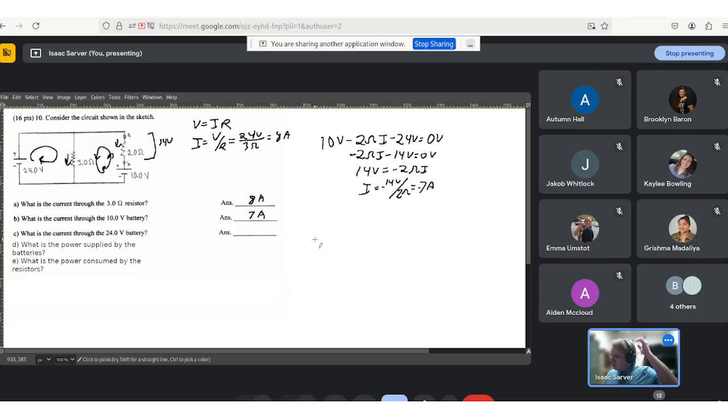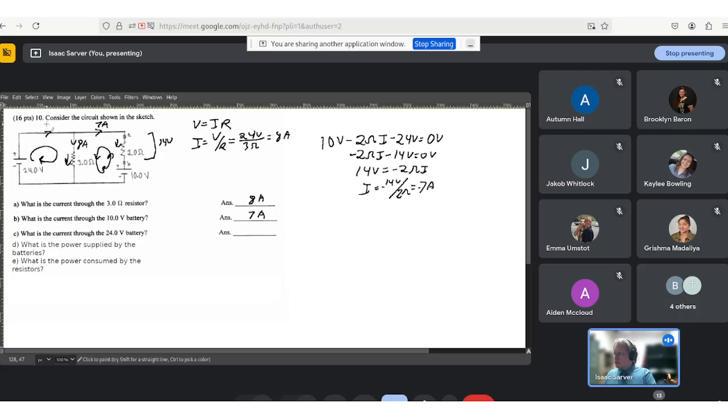And the current through the 24 volt battery: we have 7 amps going here and 8 amps going here. So that means we have this much current going that way. 8 plus 7 is 15. Yep, there it is.